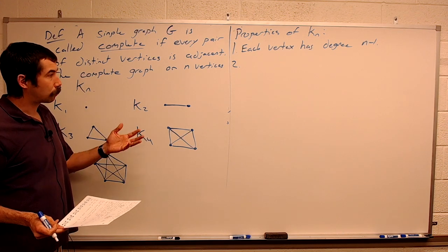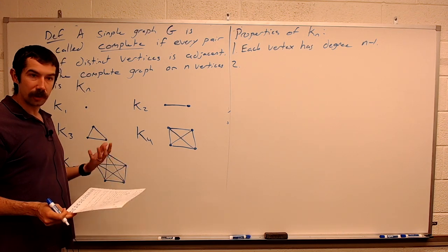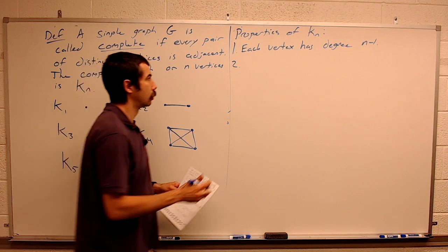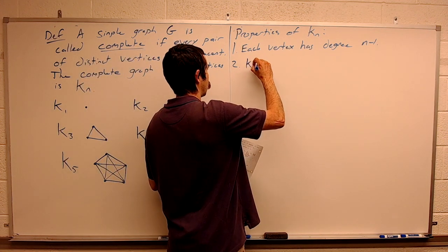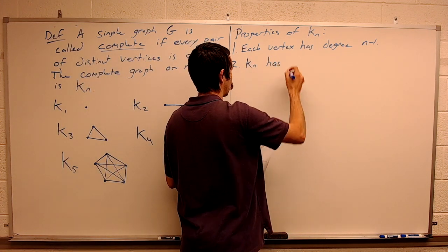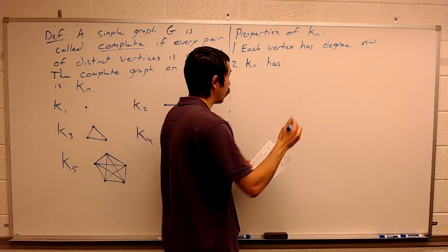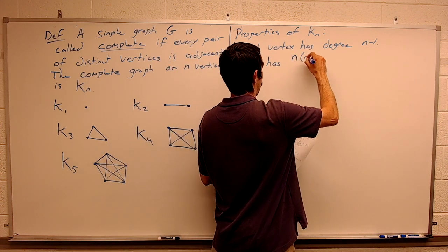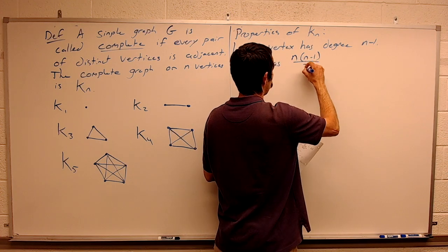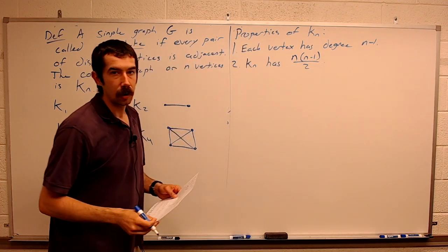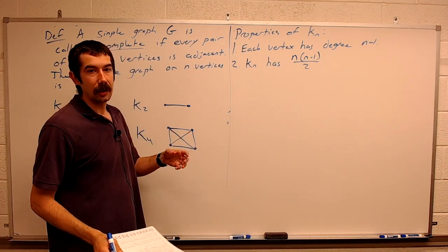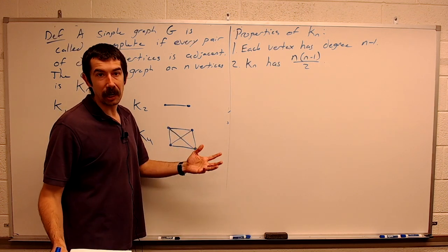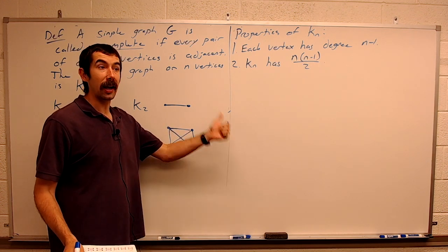Okay, the next property is that the total number of edges is n times n minus 1 over 2. Okay, where does that come from? It comes from the handshake lemma that we talked about in the previous video.